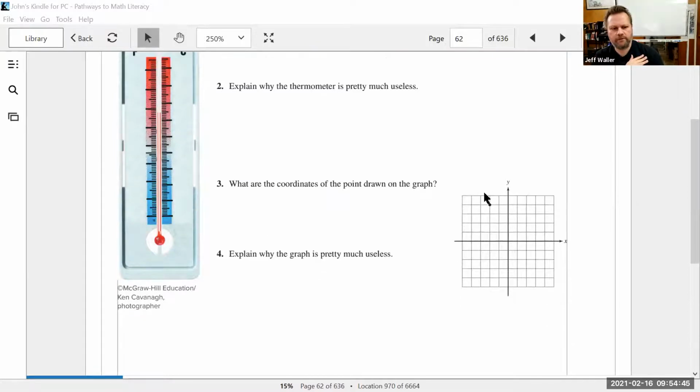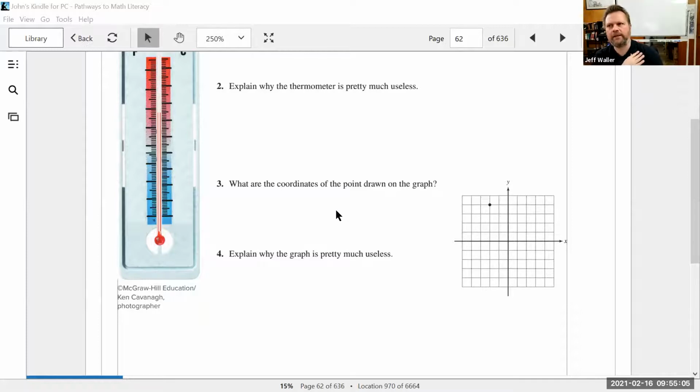Now, same thing with number 3. Can somebody tell me what point that is? No, we can't. You're making a lot of assumptions. Can't tell. I love it. So you have to give me some idea of scale.